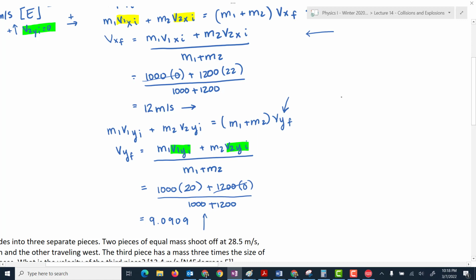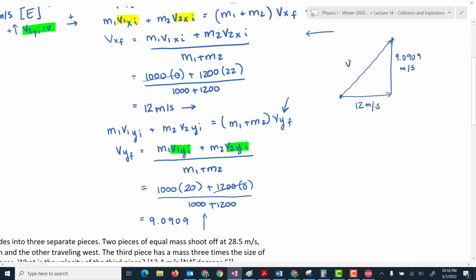So we have one vector that's going to the right, 12 meters per second, and another vector going upwards, 9.0909 meters per second. And then the resultant, which goes from the beginning of the first vector to the end of the last vector, would look like this.